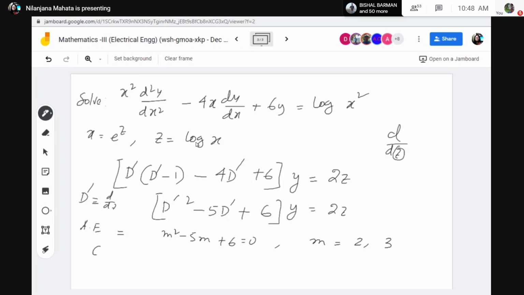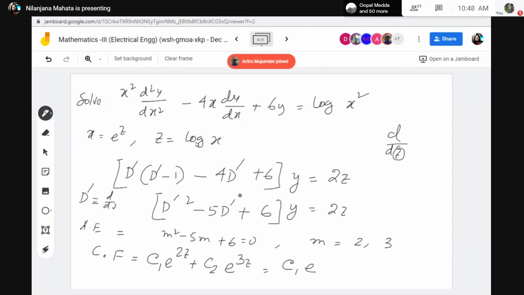So your complementary function will be c1 e to the power 2z plus c2 e to the power 3z. I have to substitute this z in terms of x because I have to solve this equation in terms of y and x.